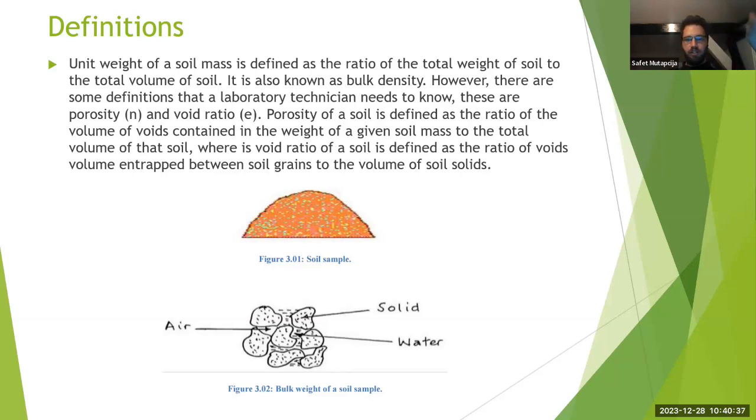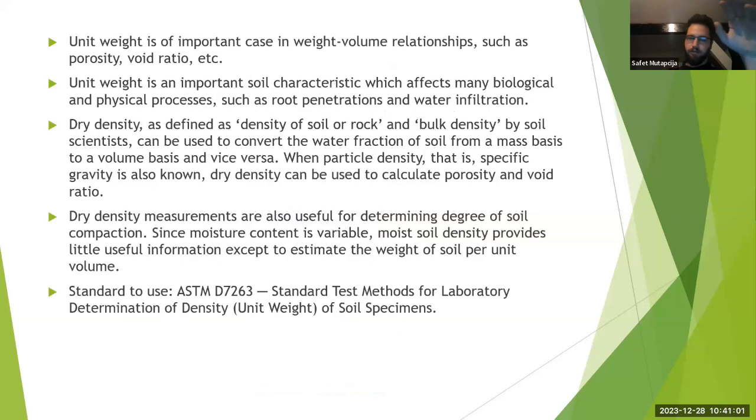The porosity of the soil is defined as the ratio of the volume of the voids to the total volume of the soil, whereas the void ratio of the soil is defined as the ratio of the volume of voids entrapped between soil grains to the volume of the solid soils. Sounds complicated. If you read it once or twice, you're going to get it. Or when you see how the formula looks, it's going to be super simple.